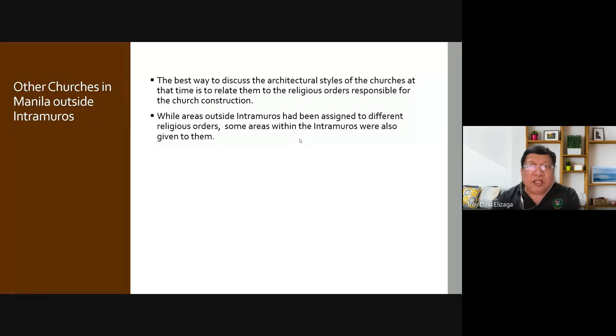The best way to discuss the architectural style of the churches of that time is to relate them to the religious orders responsible for the church construction. We cannot deny that when the Spaniards came, they brought along the Catholic faith, and of course, the bearers of that are the friars. During the medieval period, different religious organizations were starting to flourish, and they were trying to help each other out in their mission of evangelization.